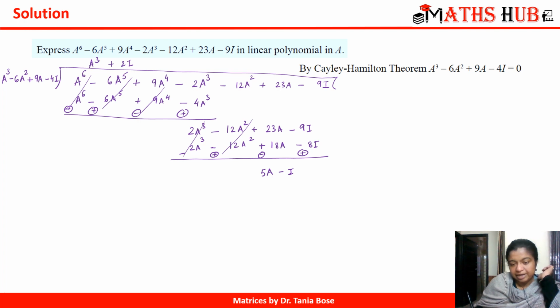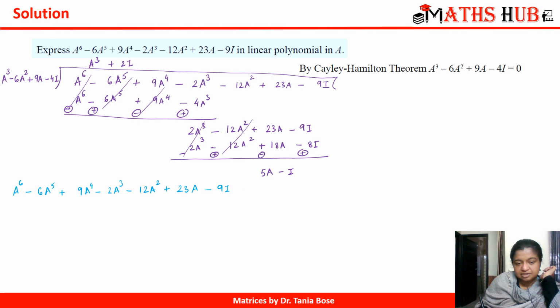So now how to write this expression? We can write this as A^6 minus 6A^5 plus 9A^4 minus 2A^3 minus 12A^2 plus 23A minus 9I. This is the dividend.